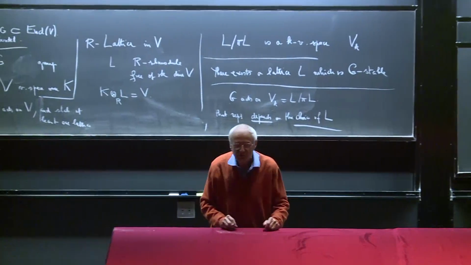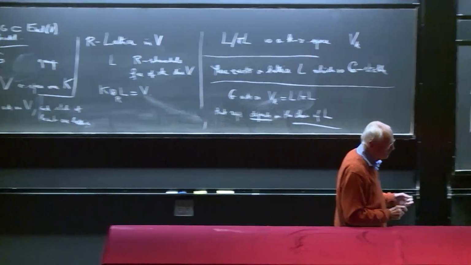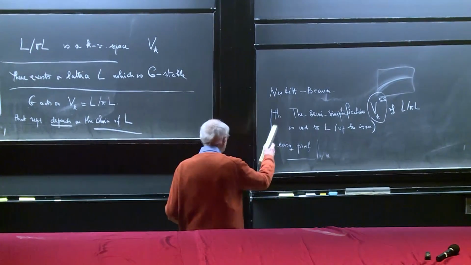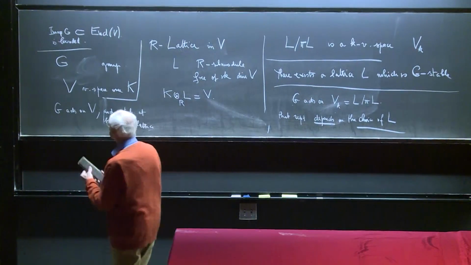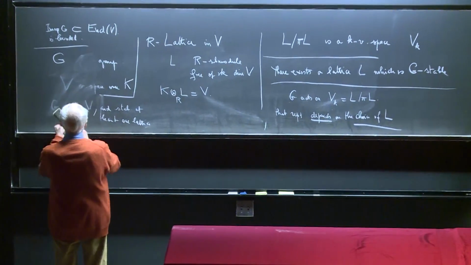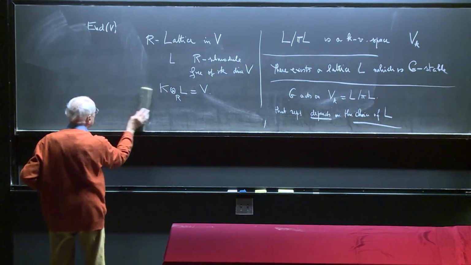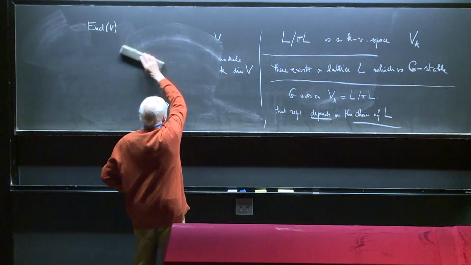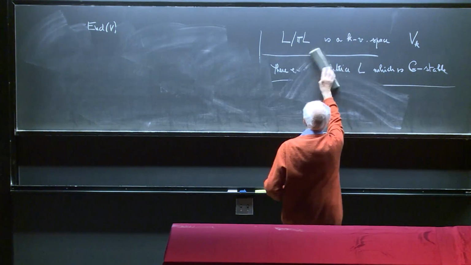So I will not prove it unless I have enough time at the end, which I doubt. So we leave it as is. So now I think I have described all the things which give a meaning to the theorem.